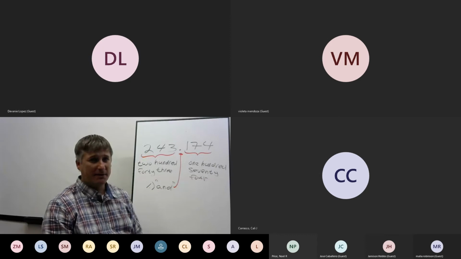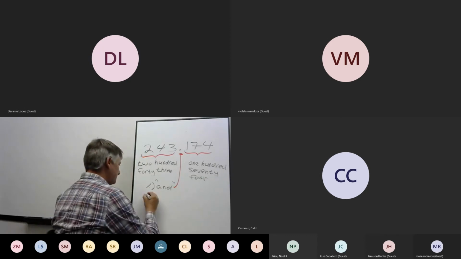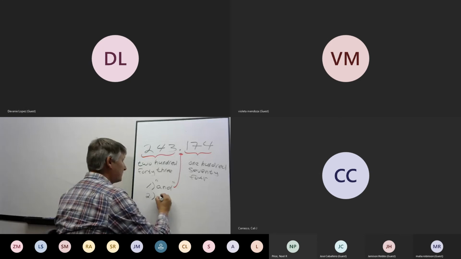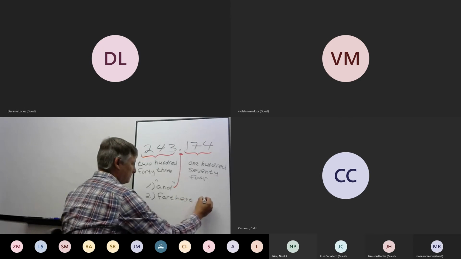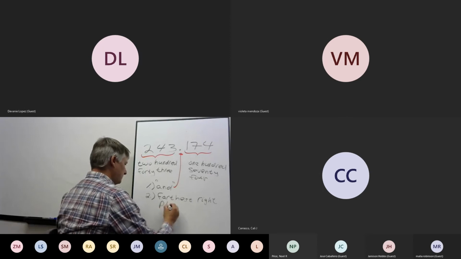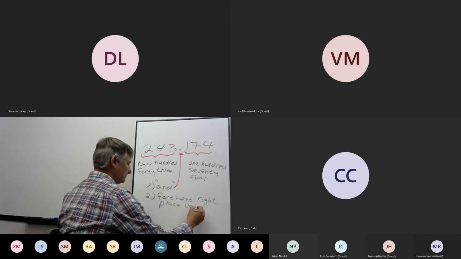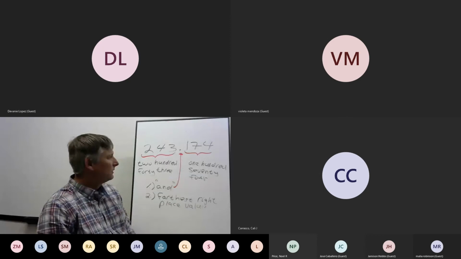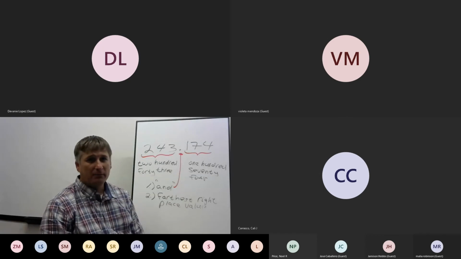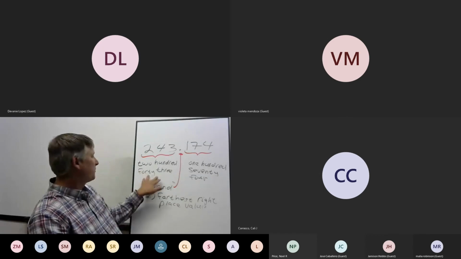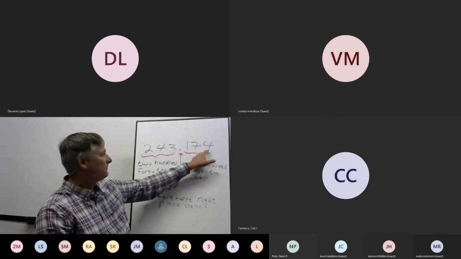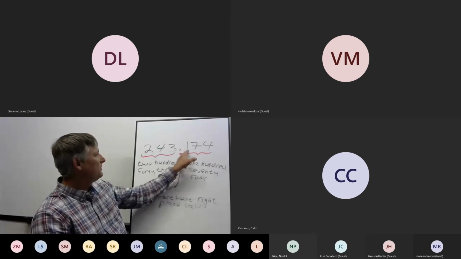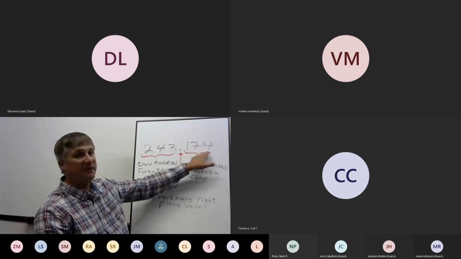Then there's the second thing we're going to add. We're going to add in the farthest right place value. So 243 and 174, the farthest right place value: tenths, hundredths, thousandths.